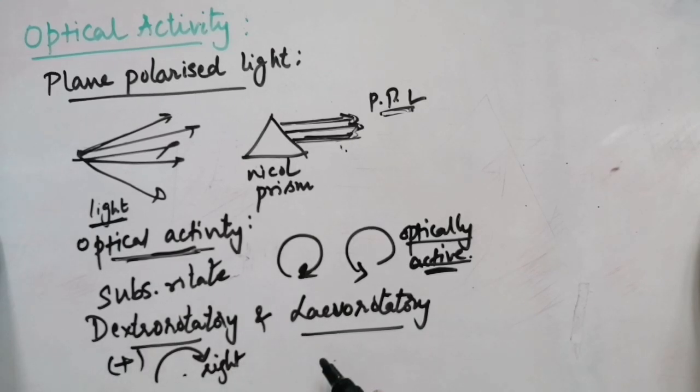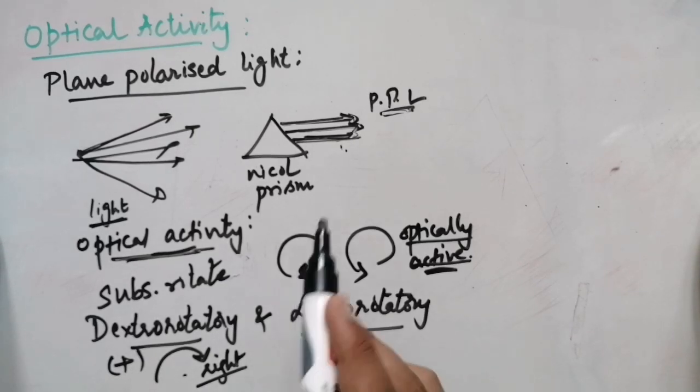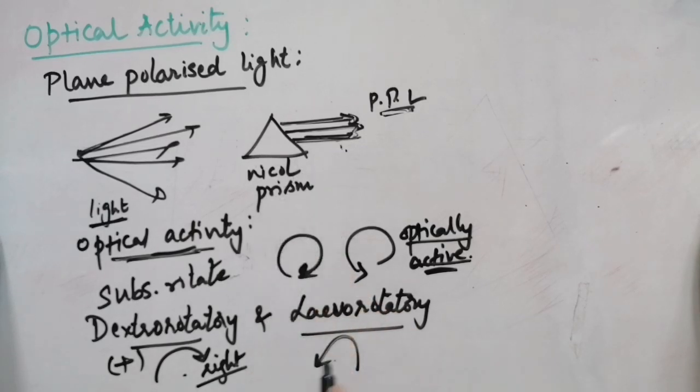And levorotatory, obviously this is right, so this will be left. The substances which rotate the plane polarized light towards the left are levorotatory, and they are denoted by the minus sign. So these are dextrorotatory substances and levorotatory substances.